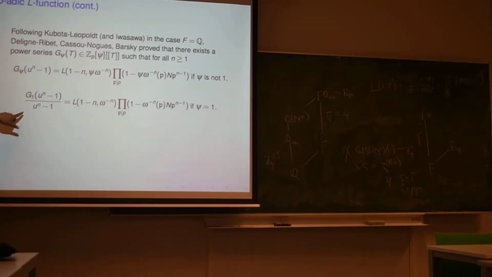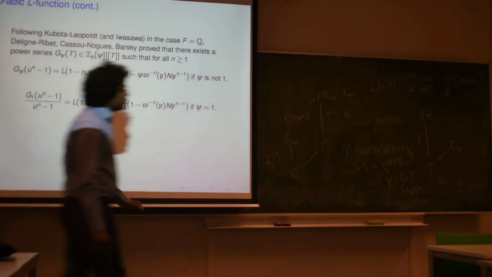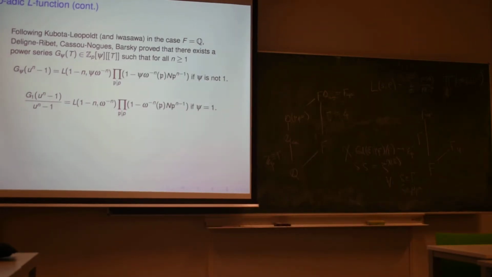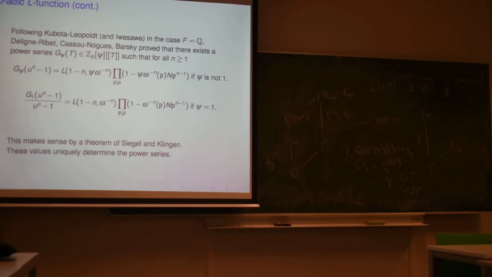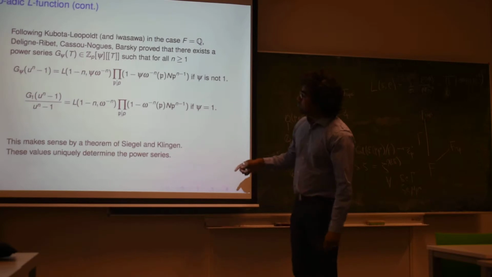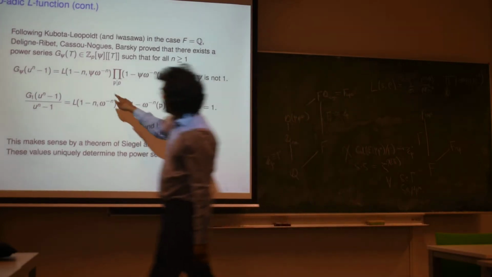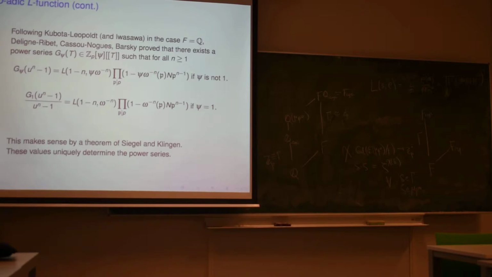Okay. And then I have to be slightly more careful when psi is 1, because it has denominators. This is related to the fact that zeta functions have a pole at 1. I won't get into this. So why does this make sense? I'm writing a p-adic number equal to a complex number. This makes sense because of a theorem of Klingen and Siegel, who proved independently that this quantity is an algebraic number, and in fact it can be defined independently of what embedding of Q bar you take into C and Cp.